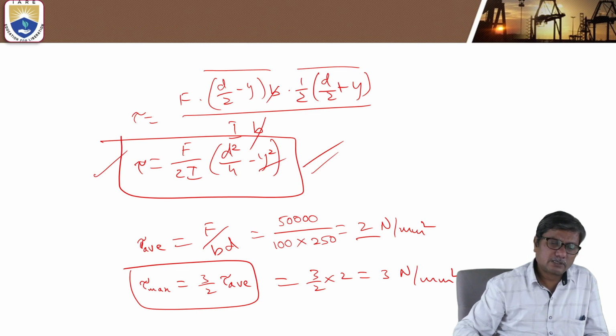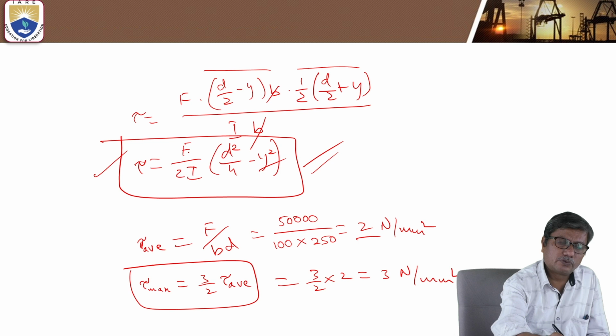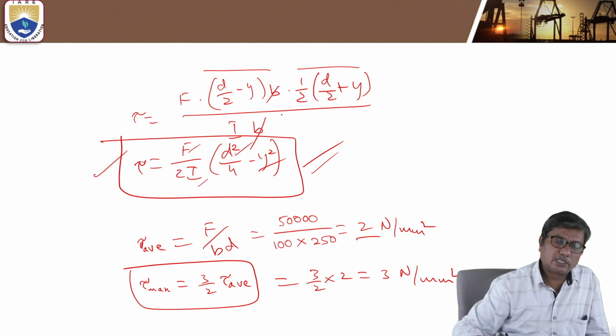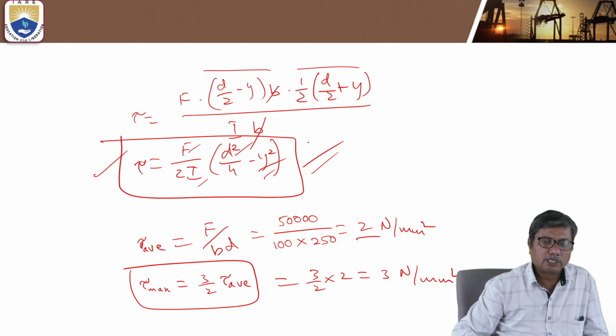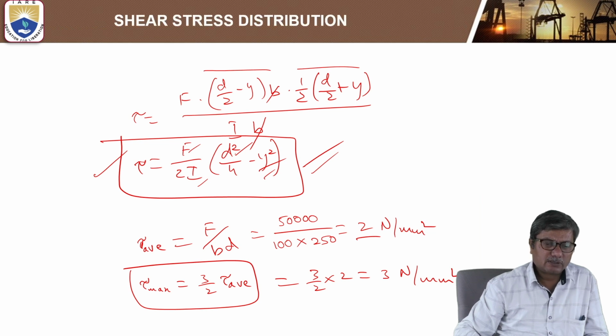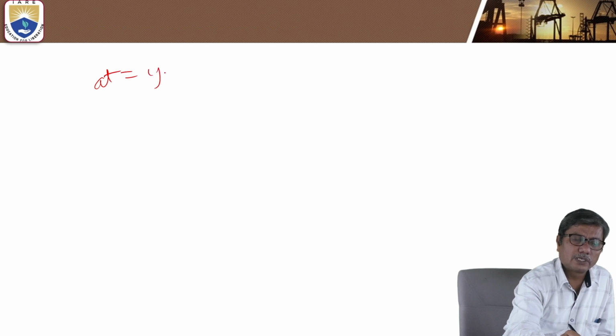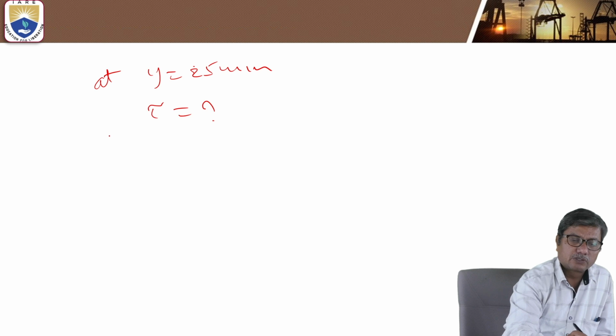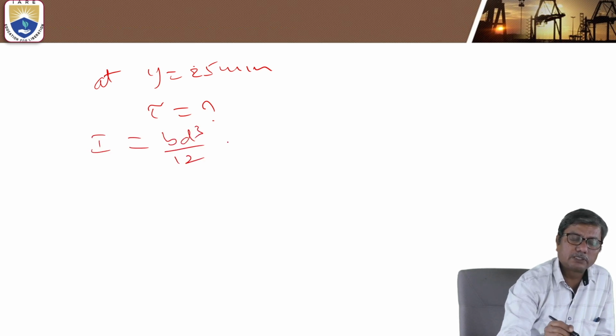So in this, we substitute the values of shear force, moment of inertia, depth, and distance y to get the shear stress at that distance. Now, for y equal to 25 mm, what is tau? For that, you need to calculate I, which is b d cube by 12.